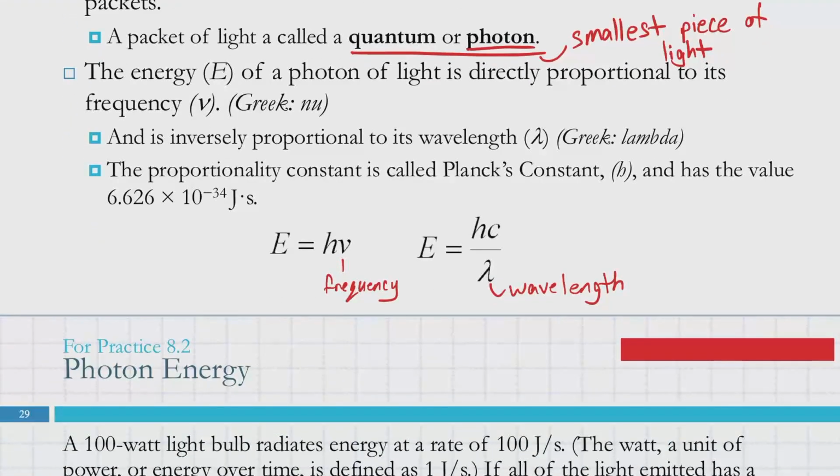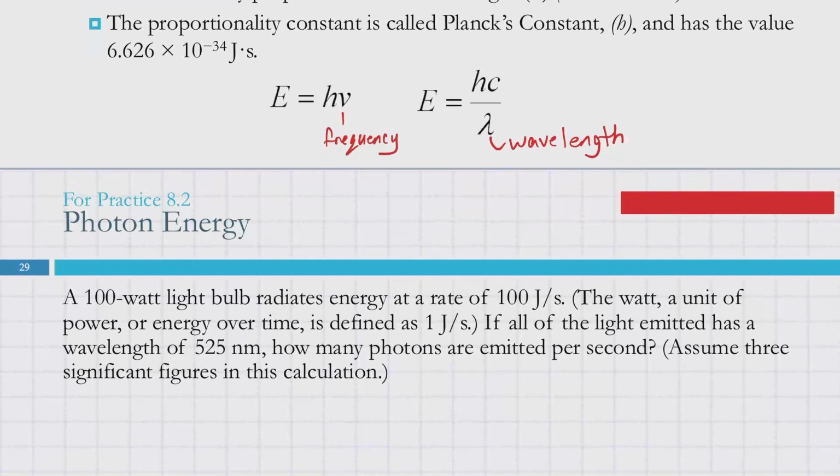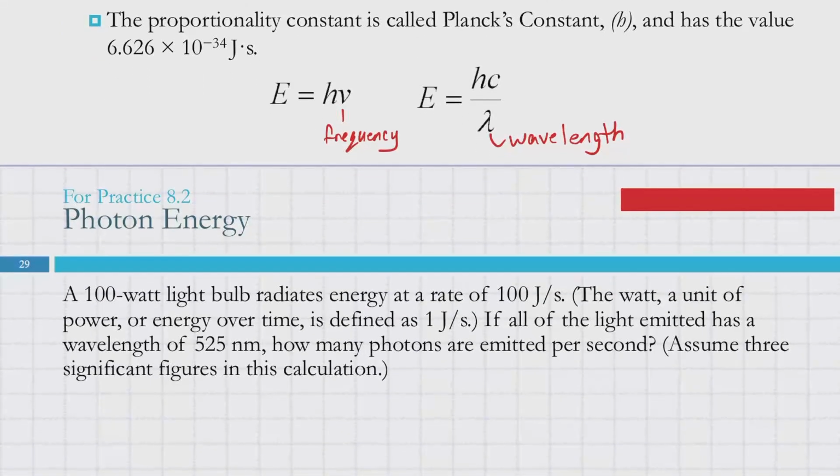To practice using them, we've got this problem. A 100-watt light bulb radiates energy at a rate of 100 joules per second. The watt is a unit of power, and it's defined as 1 joule per second. If all of the light emitted has a wavelength of 525 nanometers, how many photons are emitted per second?